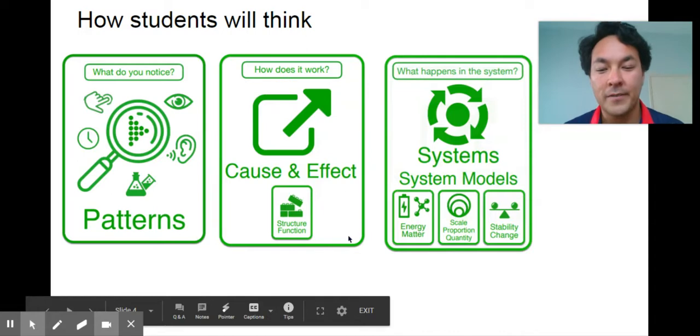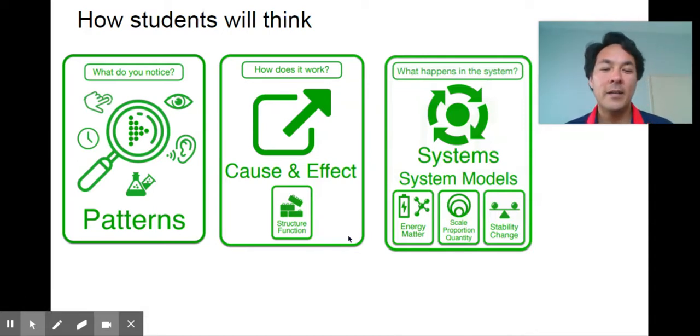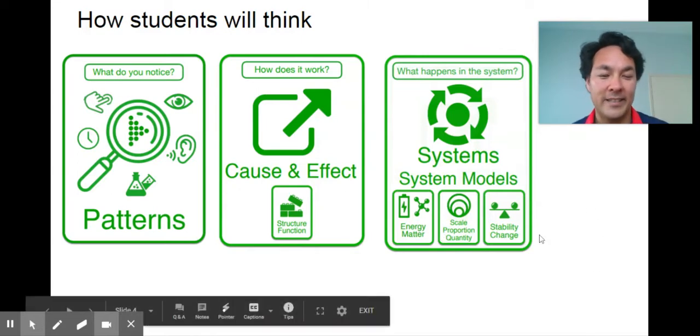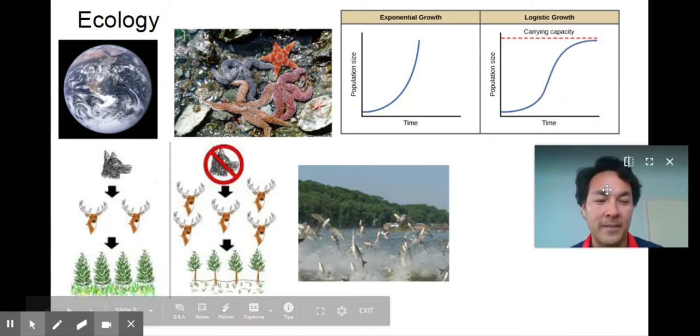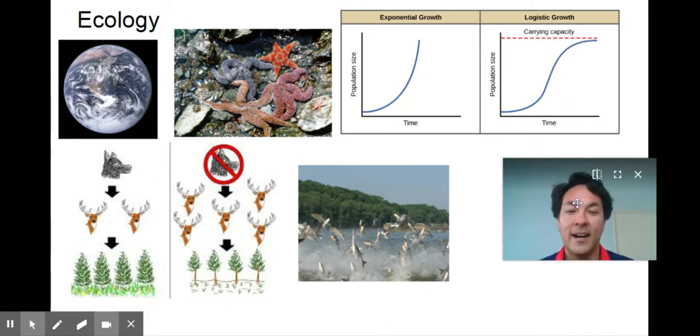How does the structure of a molecule lead to its function? And then what's happening in the system? If we take the universe as a whole and then take a smaller part of it, we get a system model. We can look at energy and matter in there, and scale and quantity, and stability and change, especially with climate change.